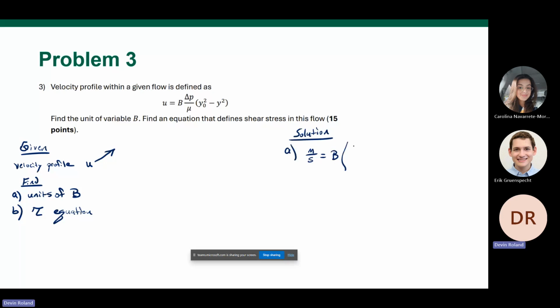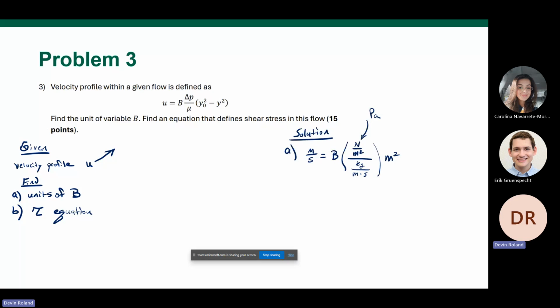So that'll be pascals or newtons per meter squared. You said it's a pascal. And then that's divided by viscosity, which is kilogram per meter second. And then we have this difference of y values, and y is a distance measurement. So y squared is going to be meters squared, since y is in meters. So this is a meters squared here.